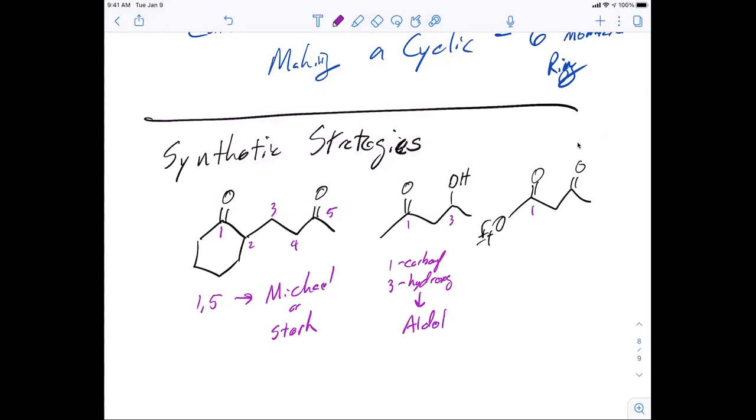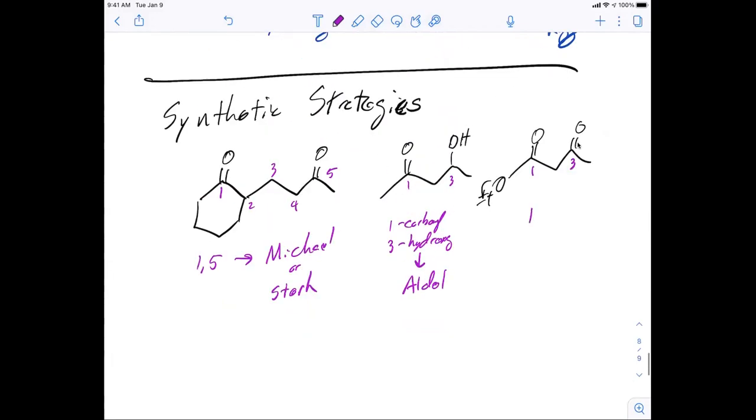If I see a 1,3 carbonyl species, and here I have an ester, but it turns out I could have turned that ester into something else, that's telling me that I should look towards a Claisen.